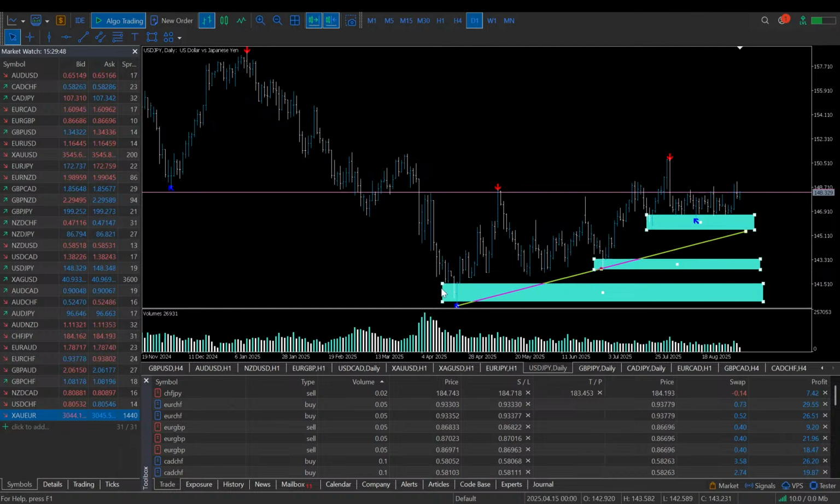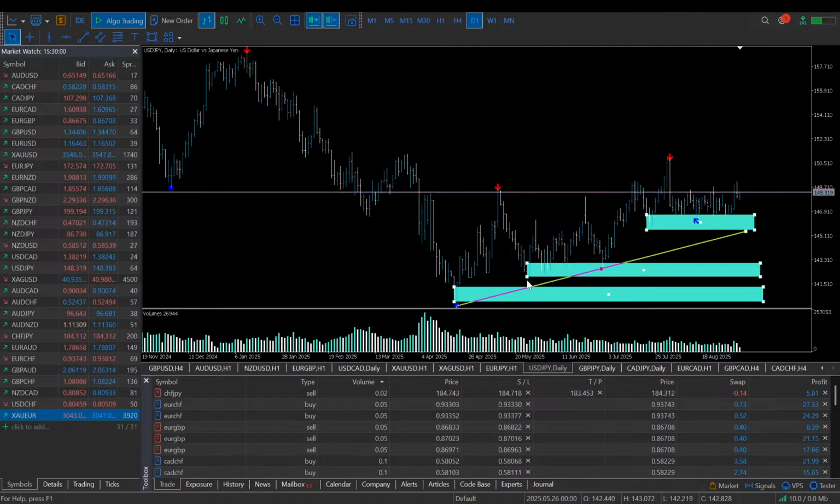Because they are last lows, that creates an interesting area point that we can call an area of interest. The market is interested in that area.